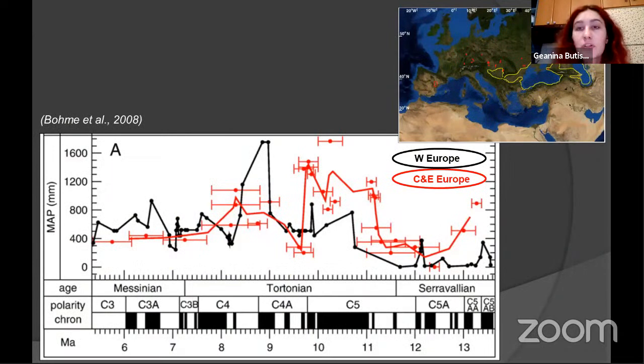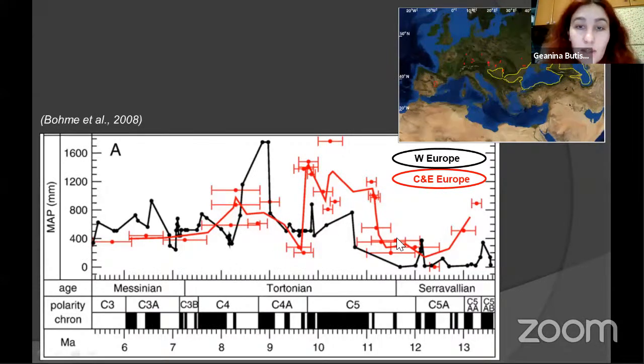If we are looking further at other data around the Paratethys, we have also some precipitation data compiled by Böhm et al. in 2008, and they used the herpetofauna, the snake fauna from various sites of Europe, as a tool to reconstruct the precipitations.